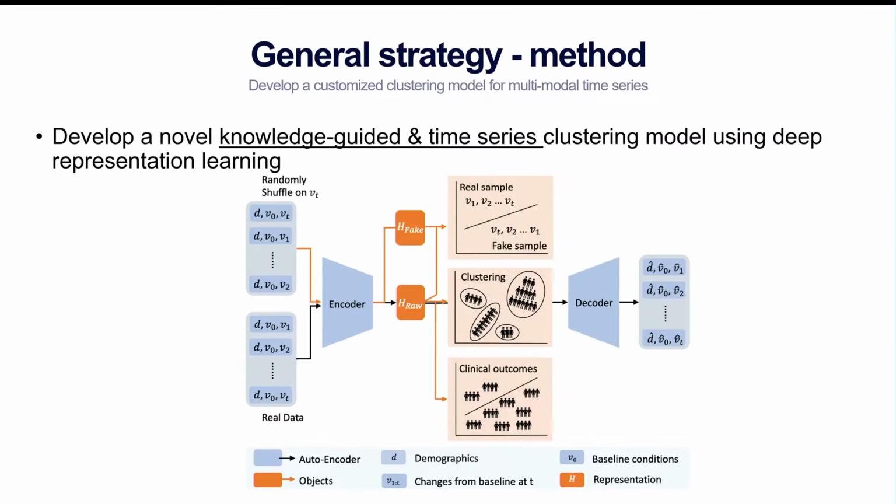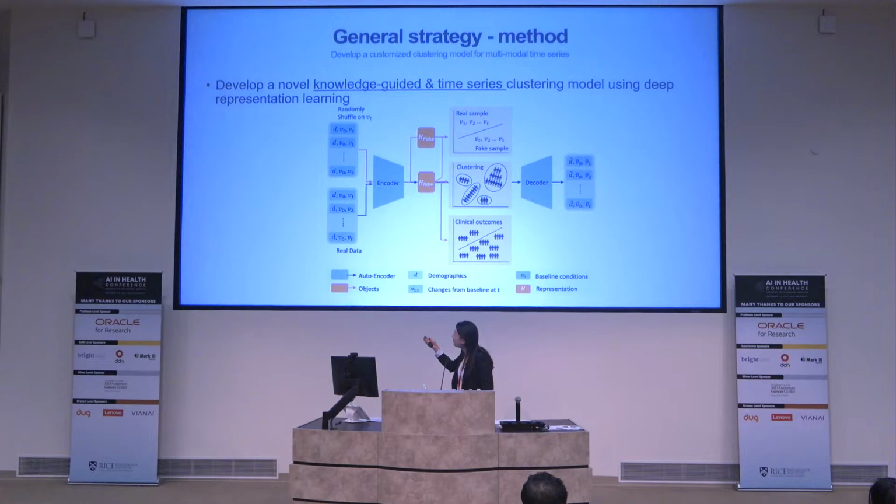So we developed a novel knowledge-guided time series clustering model using deep representation learning, and the model looks like this. Basically, the model is pretty simple. This is the input, and this is an encoder-decoder. Basically, it's a sequence-to-sequence reconstruction.